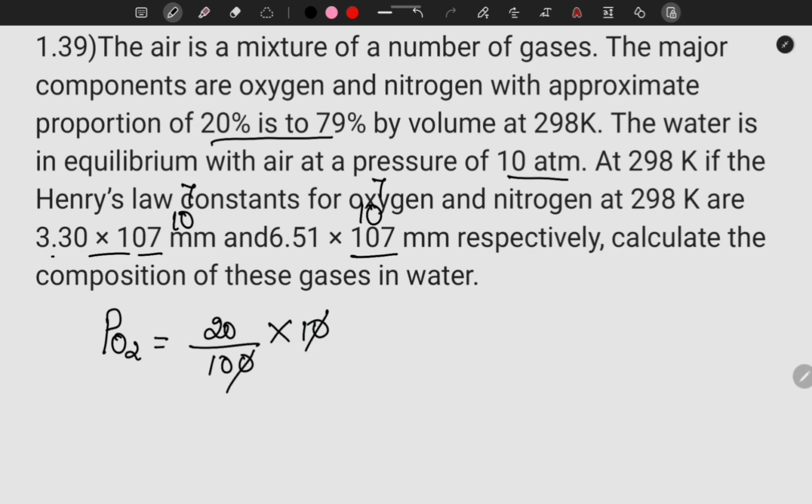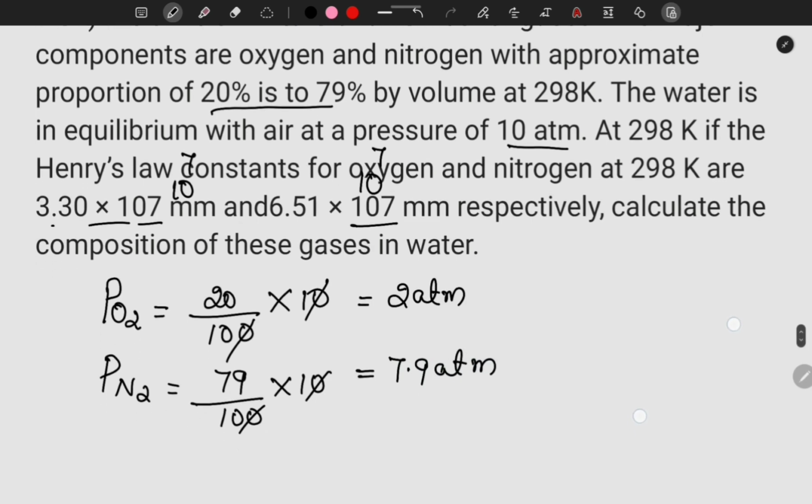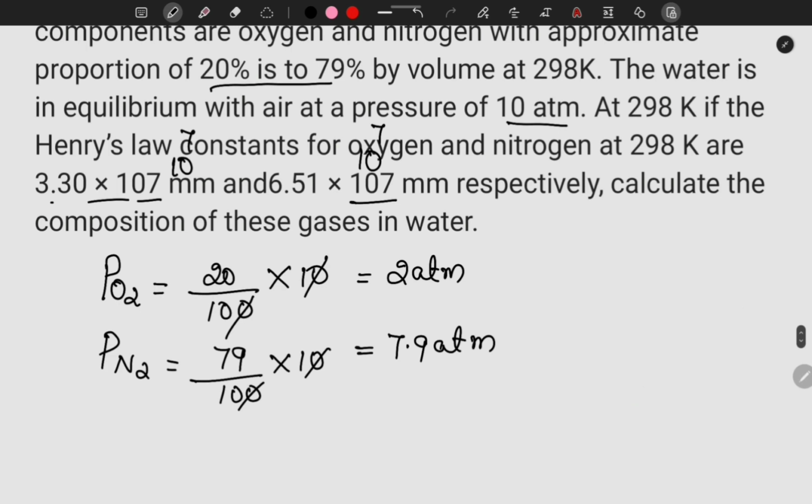So when we simplify, we will get 2 atmosphere. Then partial pressure of nitrogen is equal to 79% of 10, that is equal to 7.9 atmosphere.